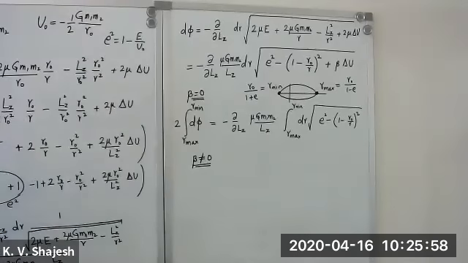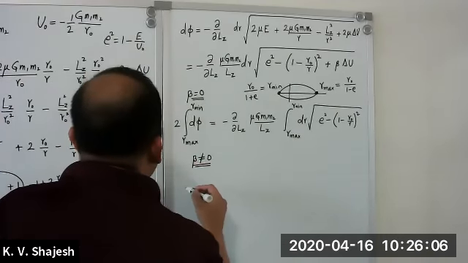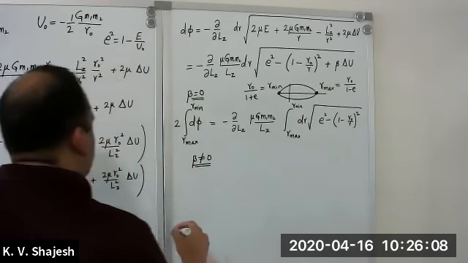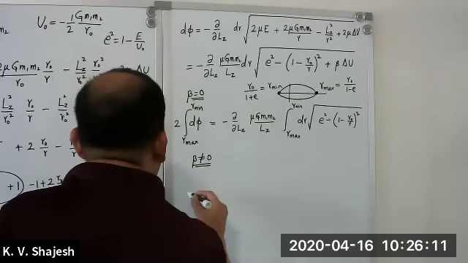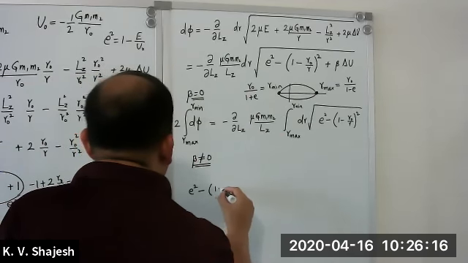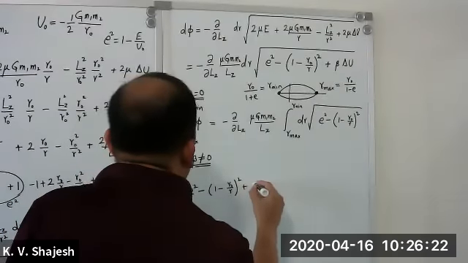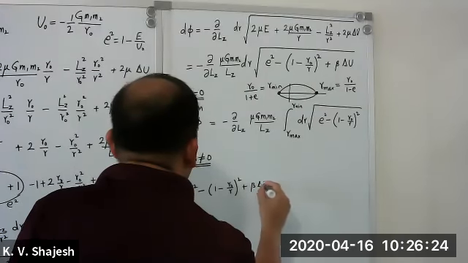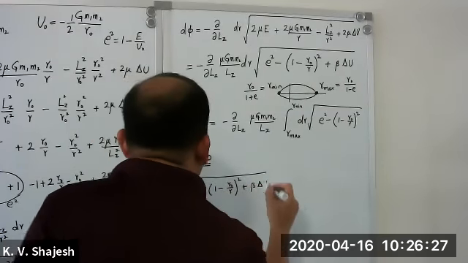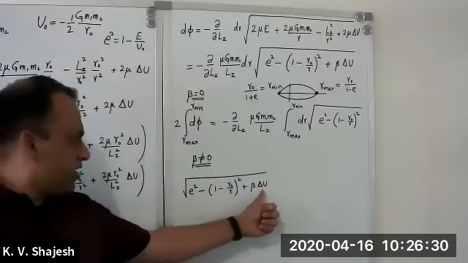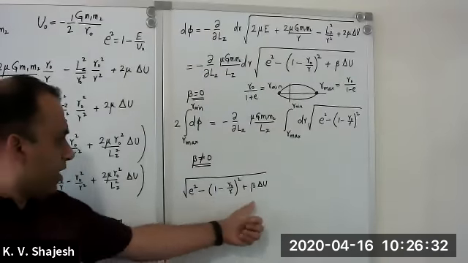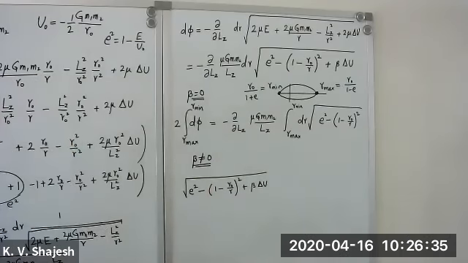So this will be slightly different, and we want to make it a small change from what we have. Let's say I want the integral again. So it is E square minus 1 minus R naught over R plus beta times delta U. I would like this beta times delta U to be small compared to whatever is there in the front.